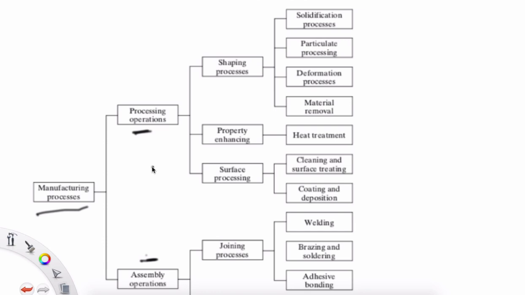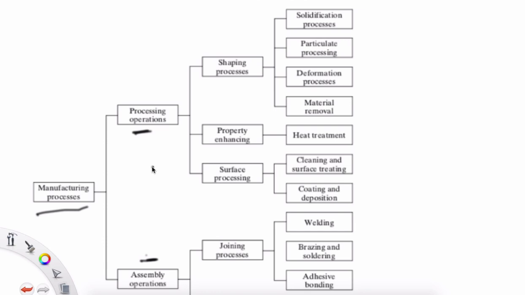A processing operation refers to when you want to transform a work material from one state of completion to a more advanced state that is closer to the final desired part or product. So it adds value by changing the geometric properties or appearance of the starting material.